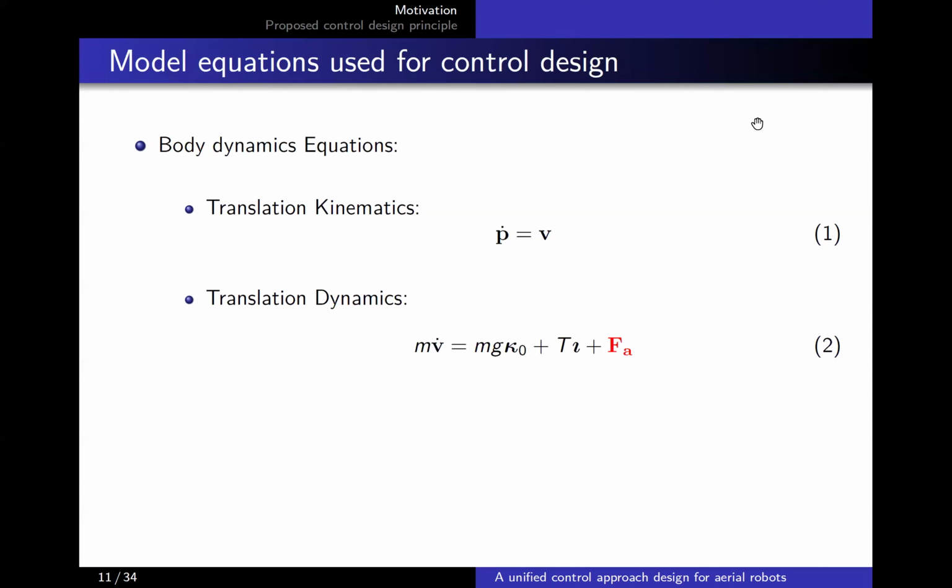The derivative of the momentum of the translation is the sum of the forces, which is the gravity, the thrust in the main direction of the body, and FA, which is all external forces. And the derivative of the orientation is also exact. This is kinematics.